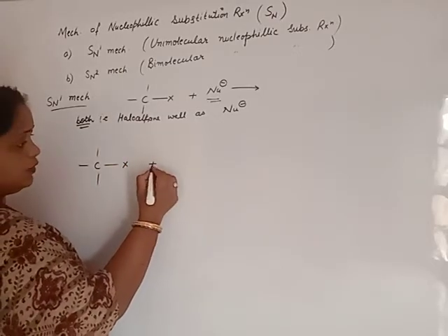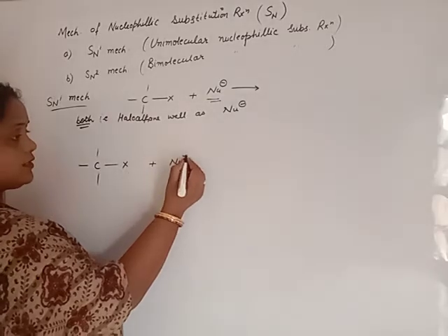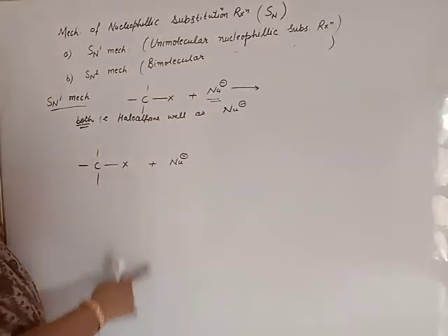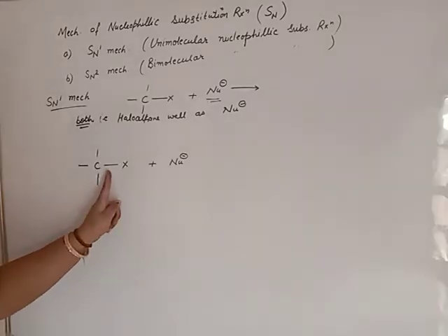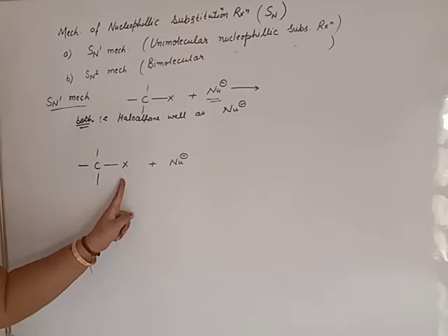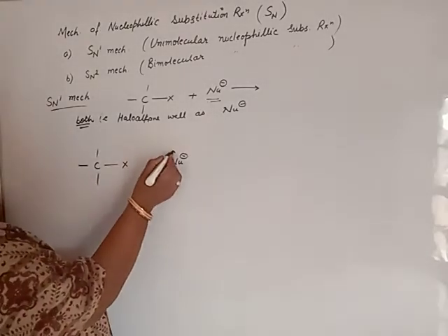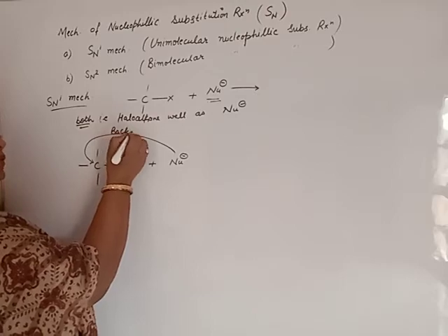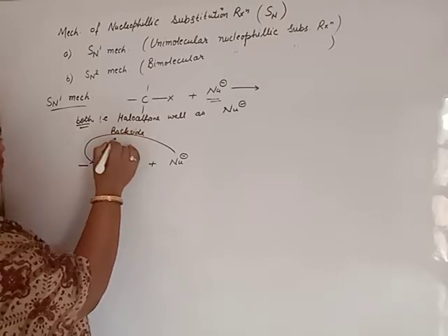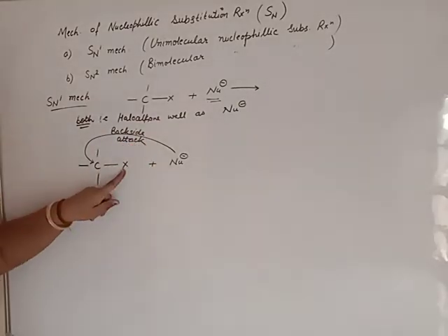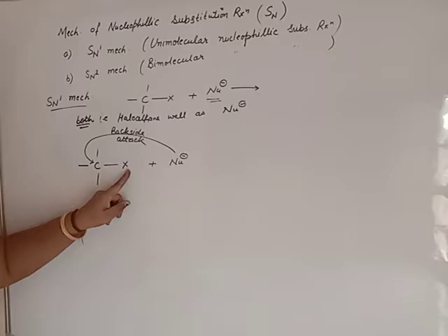Beta, when nucleophile starts to attack the carbon of haloalkane, front side attack is not possible because of similar nature; repulsion takes place.